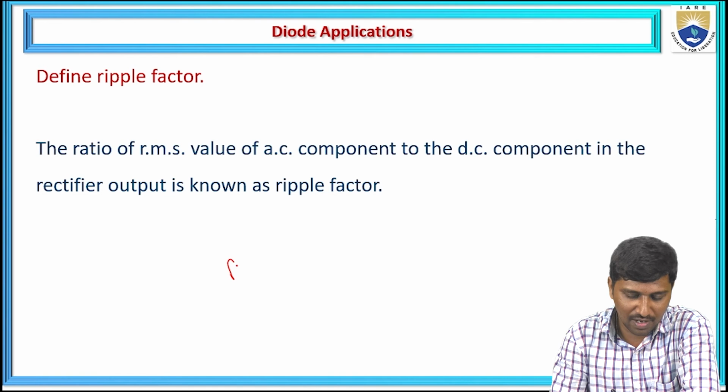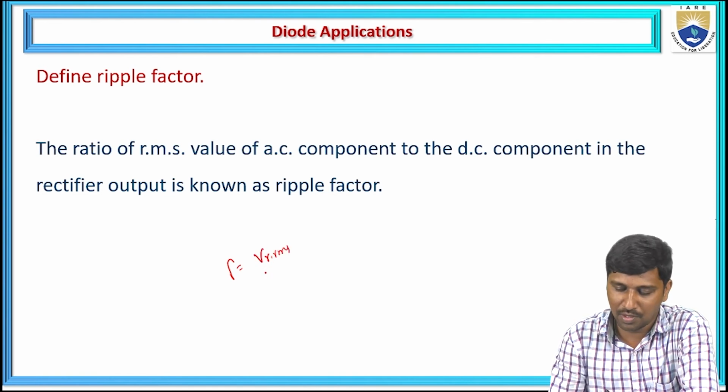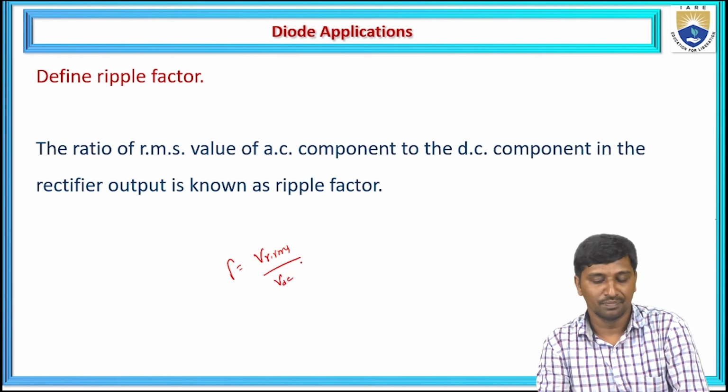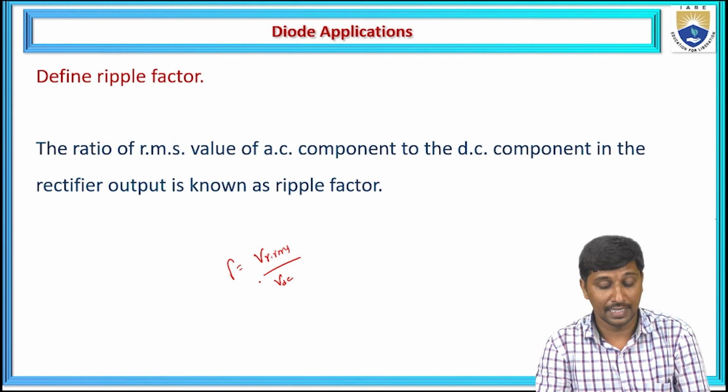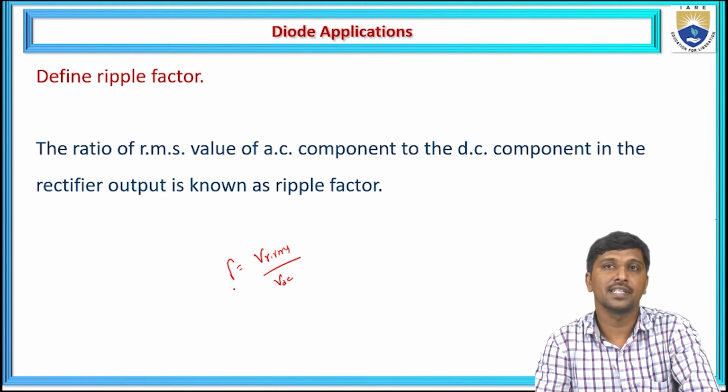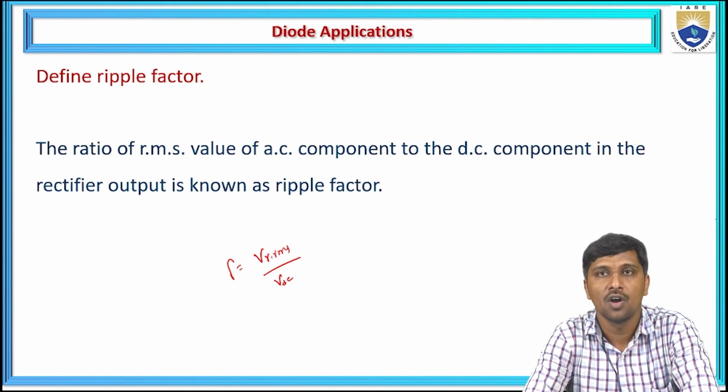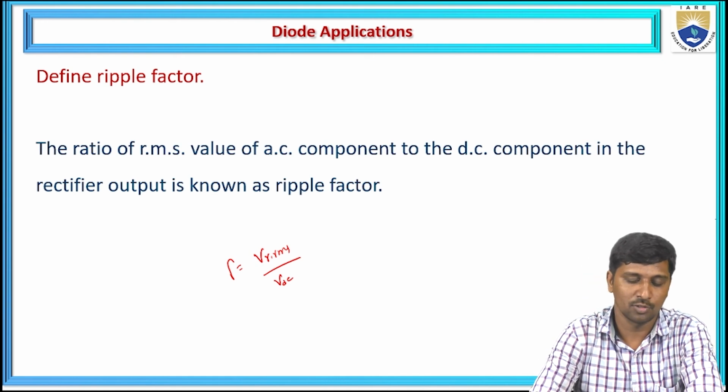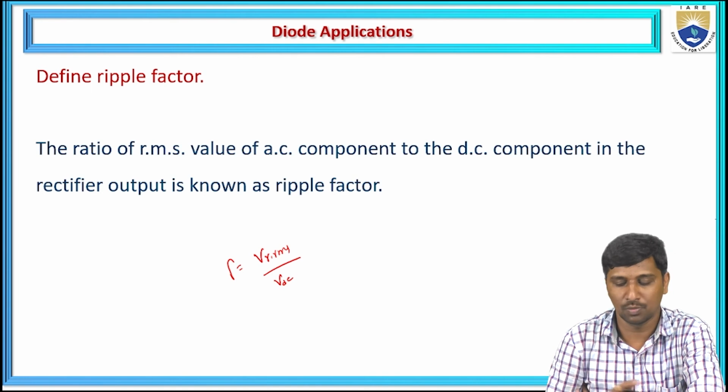It is represented as the ratio of V_r(rms), the AC component, to V_DC, the DC component. So by using this ripple factor, we can observe how many ripples there are in a pulsating DC output from a rectifier.